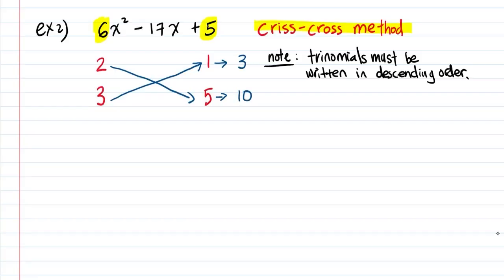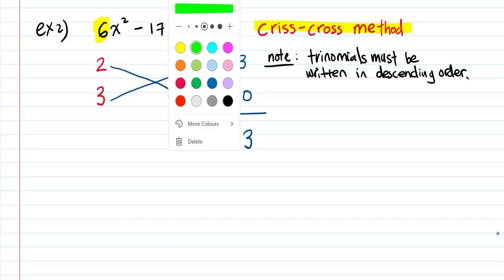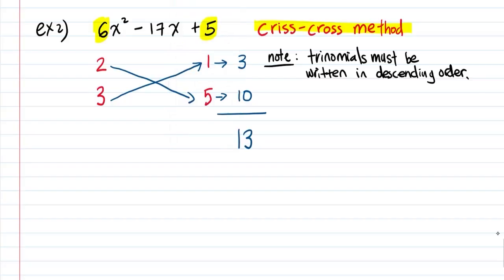Then we try to add those two numbers and see if we get the middle term's coefficient. Adding those two, we have 13, which is not the same as negative 17. So it's not the same, which means we do not have the correct numbers. So we're going to try again.